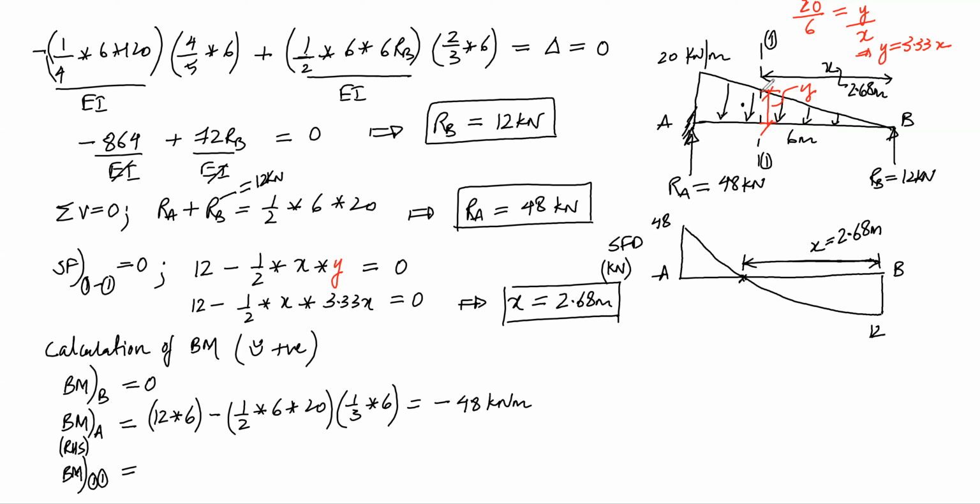Okay, so at this section, if I consider the right hand side, it will be 12 into 2.68, which will be sagging, and this triangular load will cause a hogging moment, so it will be minus half into 2.68 into, now this height y is 3.33 times x, that is 3.33 into 2.68, that is half base into height, multiplied by the centroidal distance, from the centroid till this section, that will be 1/3 of 2.68.